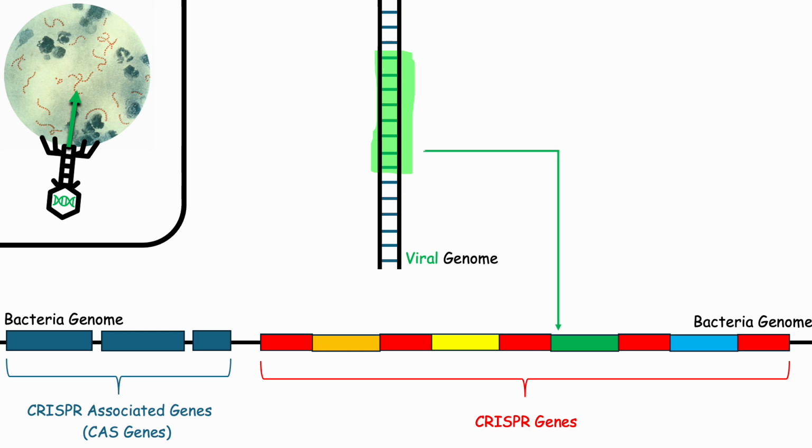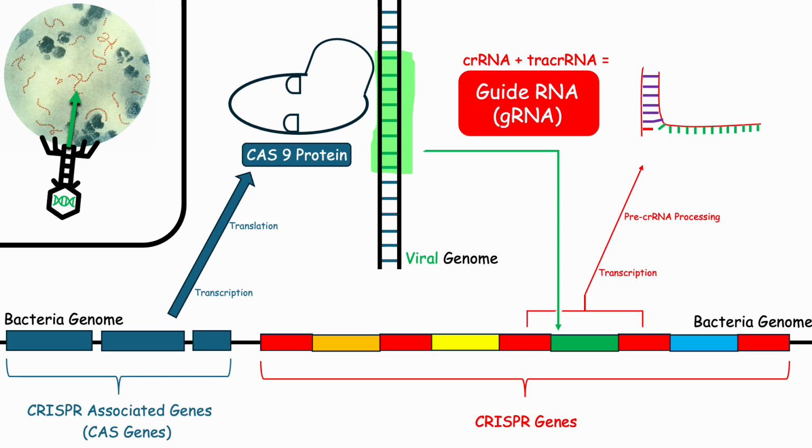The bacteria's intracellular network signals for transcription of the CRISPR and Cas genes to try and fight off the infection. The Cas gene is transcribed and translated into Cas9 proteins, and the CRISPR gene, complementary to the section of the viral genome, is transcribed into pre-CRISPR RNA and processed into CRISPR RNA and tracer RNA, which becomes the guide RNA that fits into Cas9.